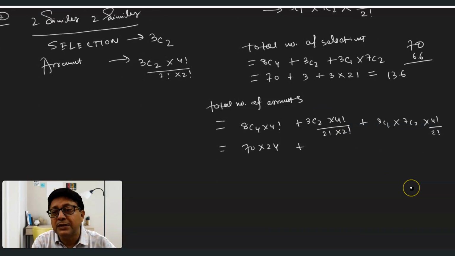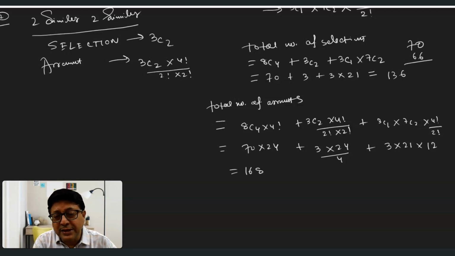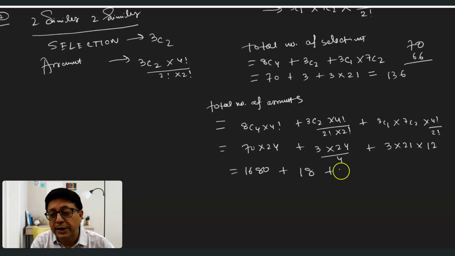This plus 3C2, 3 into 24 by 4. This plus 3 into 21 into 12. So this is 1680 plus 18 plus 63 into 12, that is 756.